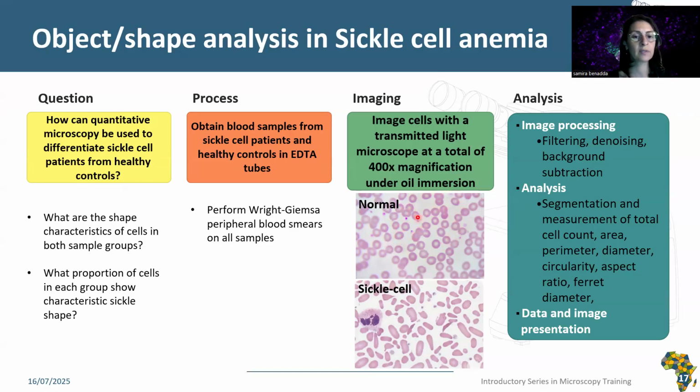Here the round, circular cells, and here the incurved sickle cells. After that, we can also measure the aspect after filtering, denoising, and background subtraction. We can get the diameters and all these parameters, to see if a cell is normal or circular.